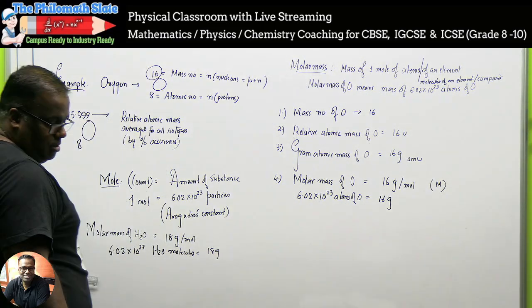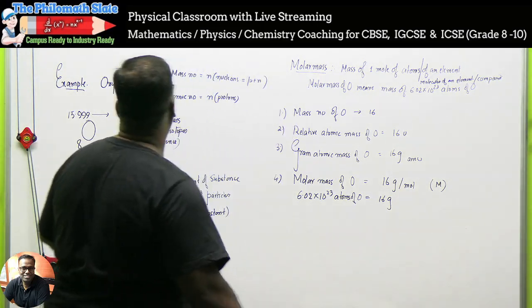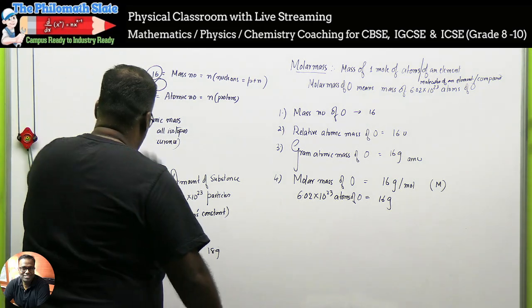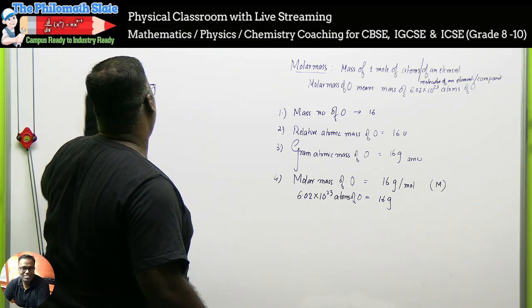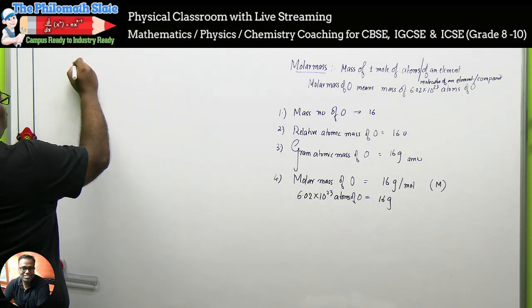I go back to my equation again. So from here we will have one formula. Let's make a formula. So you will need this a lot. You know some data. What are the data?